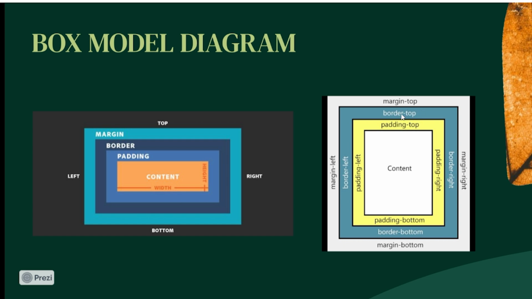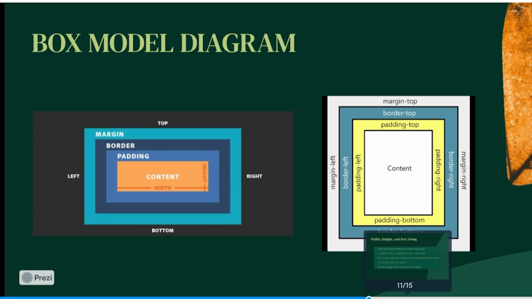Border has border top, border bottom, border left and border right. Padding also has padding top, padding right. The content will be in the center, and you can add padding around your content.